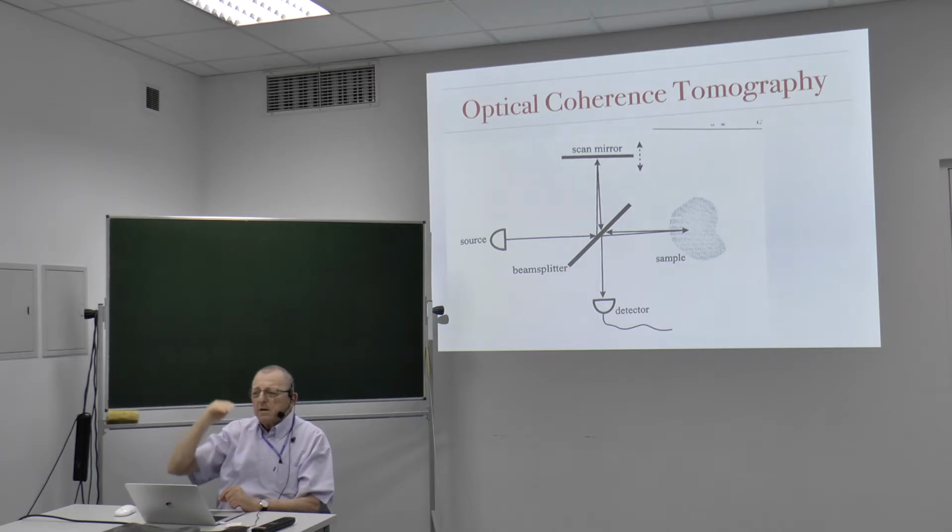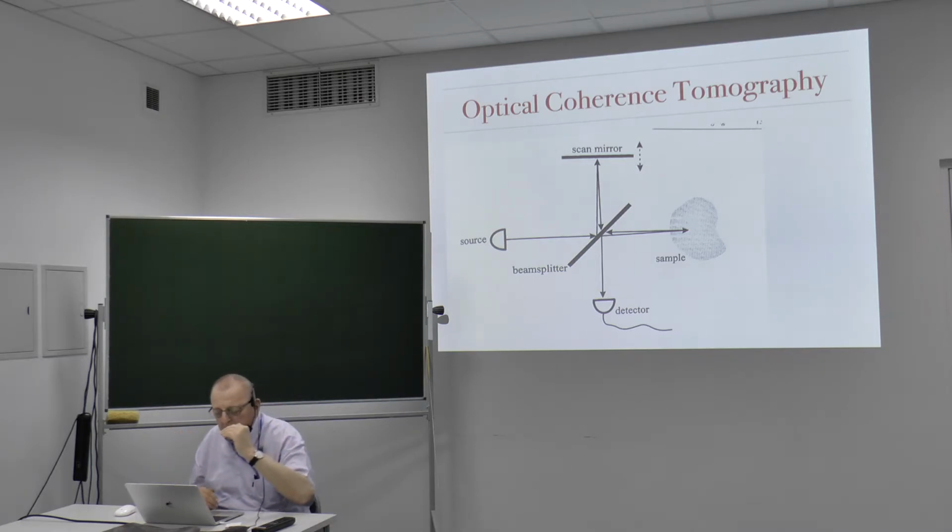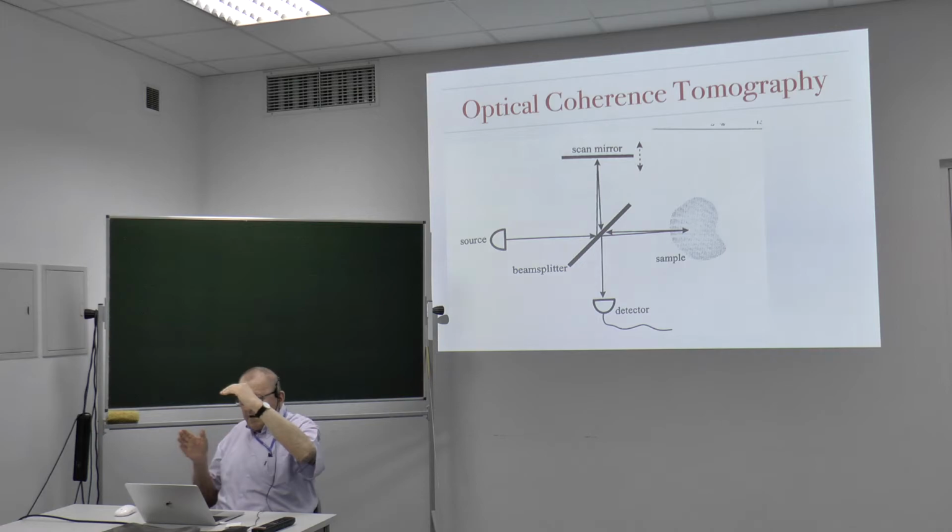Moving the mirror is the same as moving the point of scattering of a beam from the object. So I'm moving the mirror slightly, and that is equivalent to picking up in my interference picture in the detector a signal scattered from the object at a different depth.